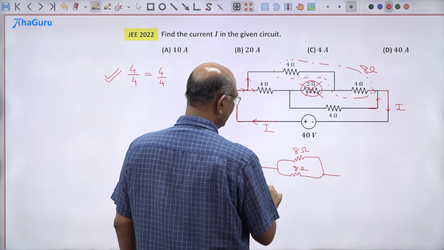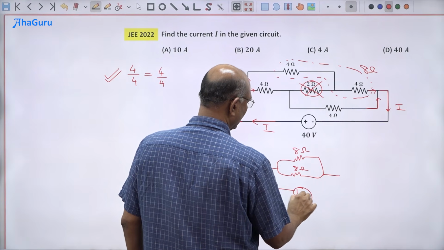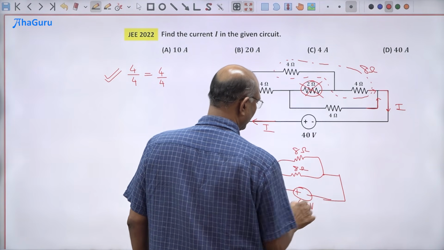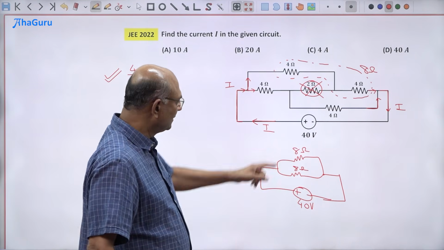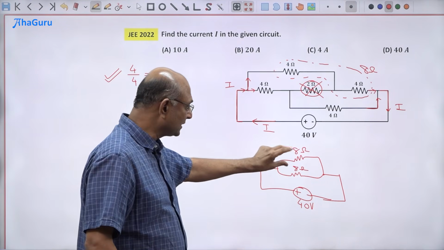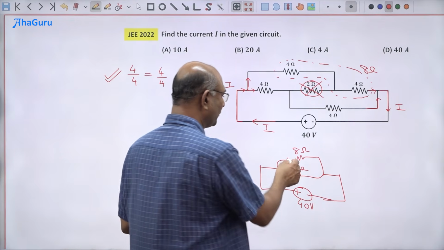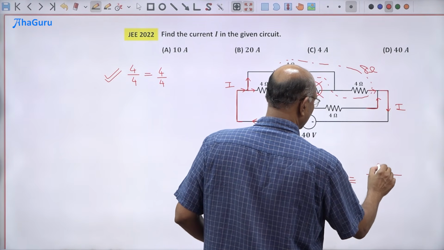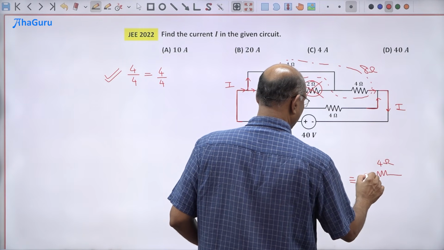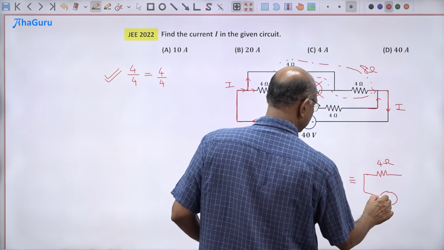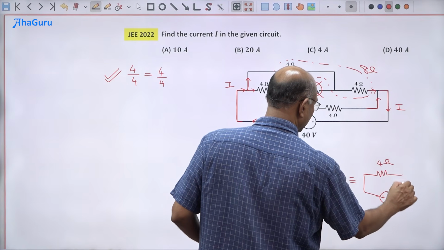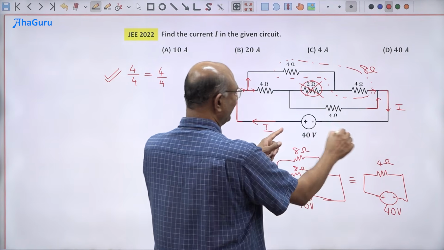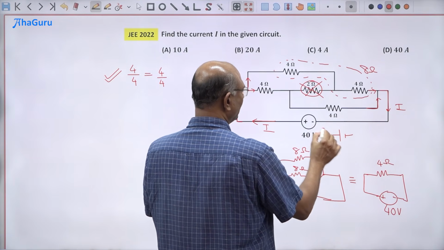And that will be connected to a 40 volt battery. 8 ohm and 8 ohm are how much? They are both in parallel. So this is equal to 4 ohms. So if I now draw the circuit like this, 4 ohms connected to this battery. Usually we draw batteries like this, but this is also okay.